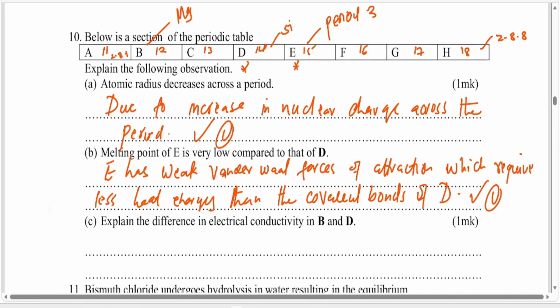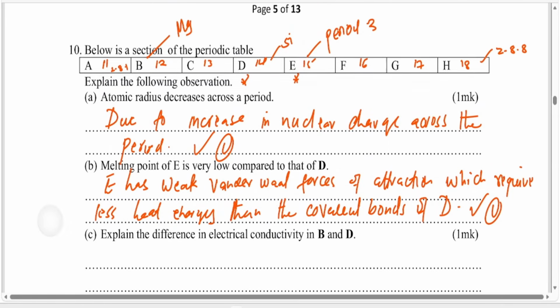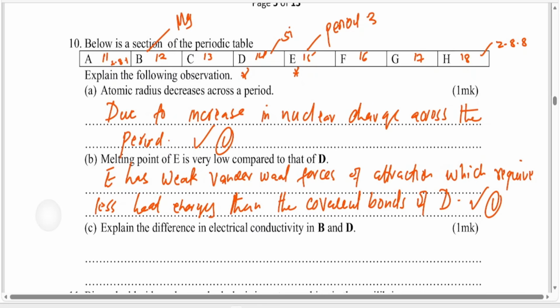So explain the difference in electrical conductivity of B and D. We know B, being a metal, has delocalized electrons, unlike in silicon, so it does not have delocalized electrons. So we say B is a conductor while D is not a conductor.